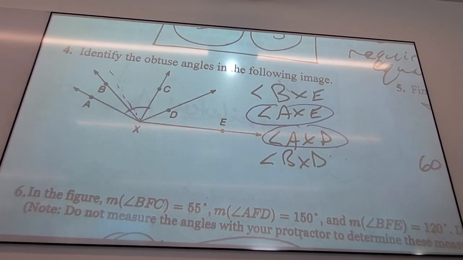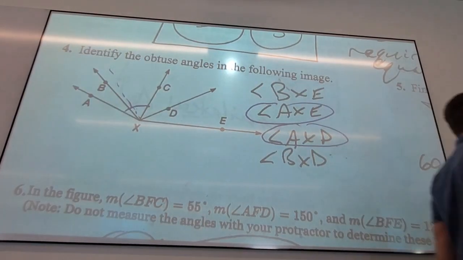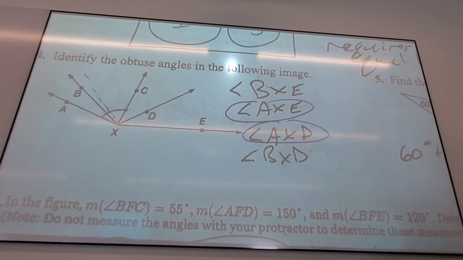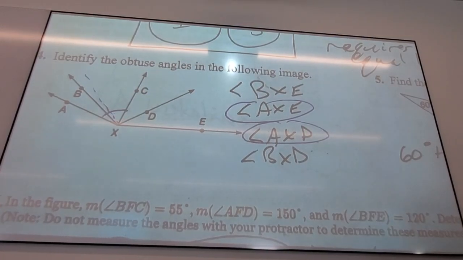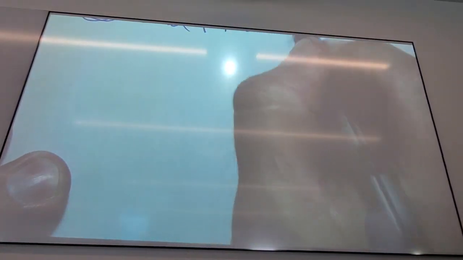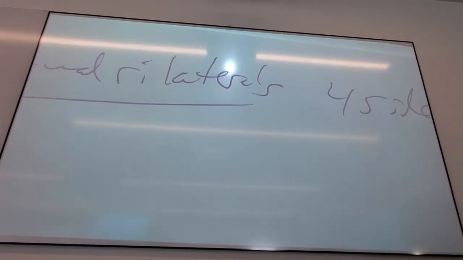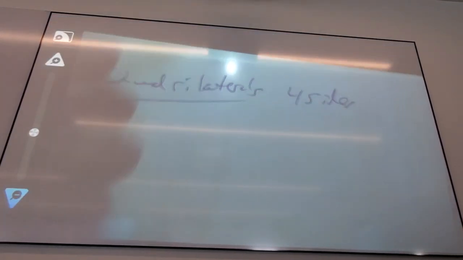Quadrilaterals, can we go over basic definitions for each of the shapes, so I can give a list? Okay, let's see. So quadrilaterals, four sides. That's the topmost idea.